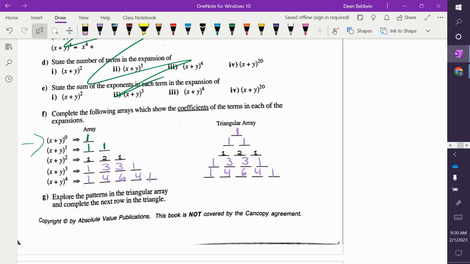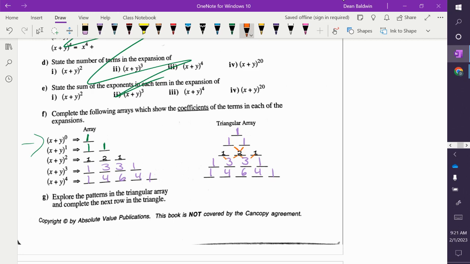But if you look at the numbers within it, all the way down the sides, it's always 1s. But if you look at the number in the middle, so this 2, it's the addition of 1 plus 1 gives you 2. If you go to the next row, 1 and 2 is 3, and then you got 1s on the outside.